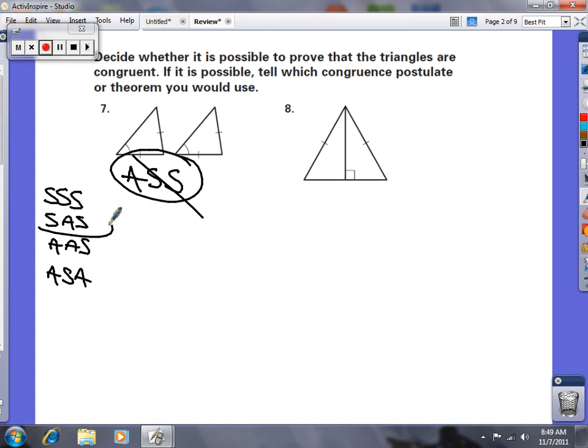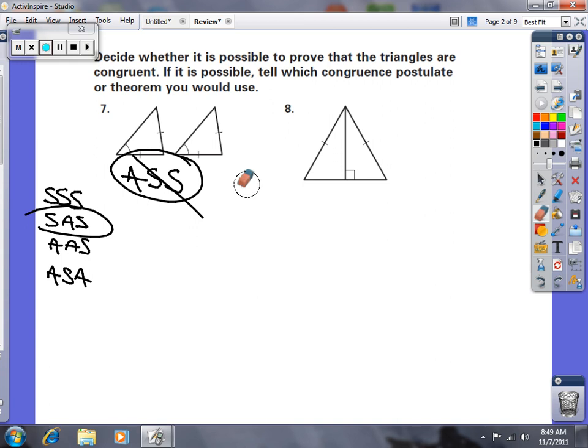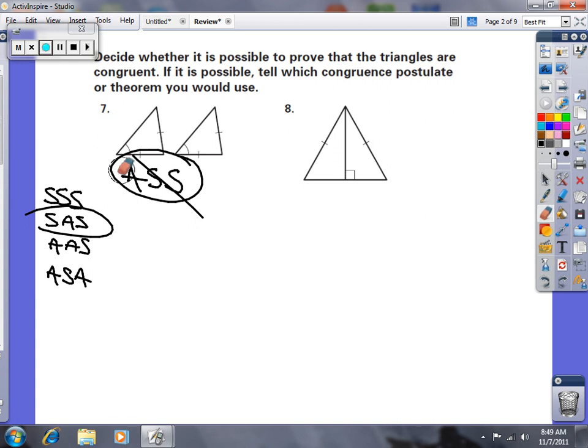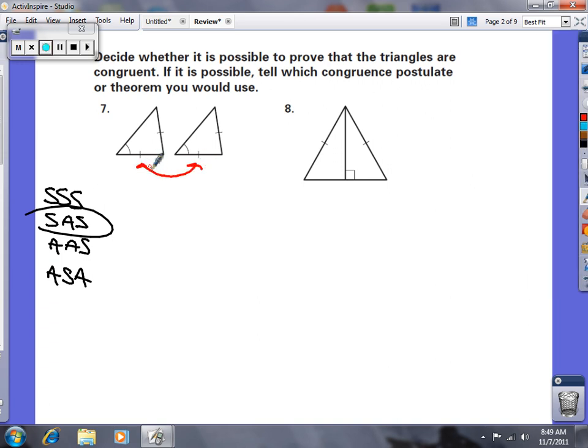Would it be side angle side? Okay, if it's going to be side angle side, here you go. Let me change colors. Okay, you've got a side, right? So this side and this side. Then you've got an angle, this angle and this angle. So if we're going to use side angle side, the angle's got to be sandwiched between the sides.